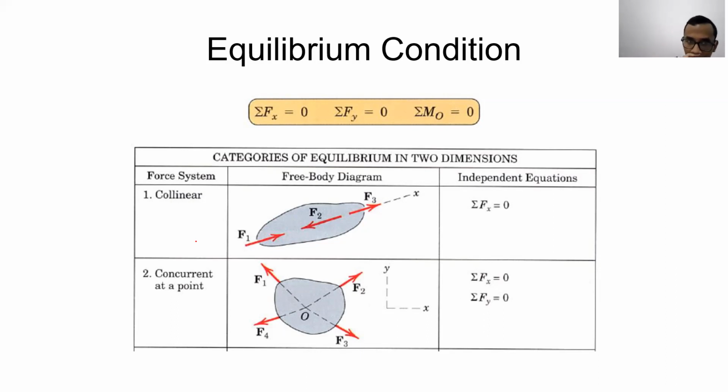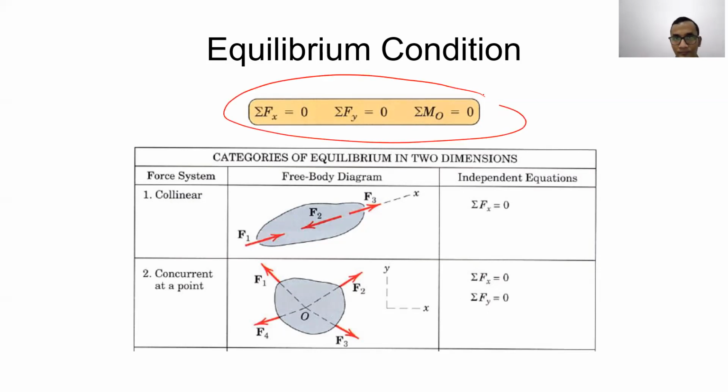For the two-dimensional case, the equilibrium condition is like this. That's the equilibrium condition that you need to follow: sigma Fx equal to 0, sigma Fy equal to 0, sigma moment equal to 0. So you will have three equilibrium equations.